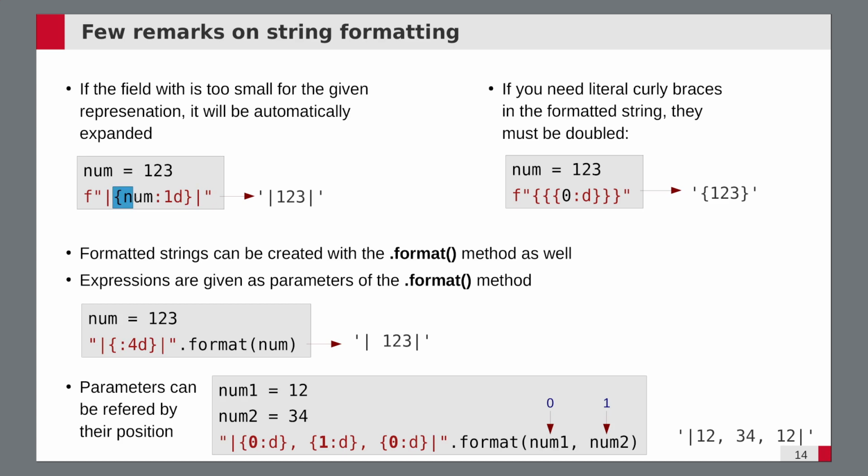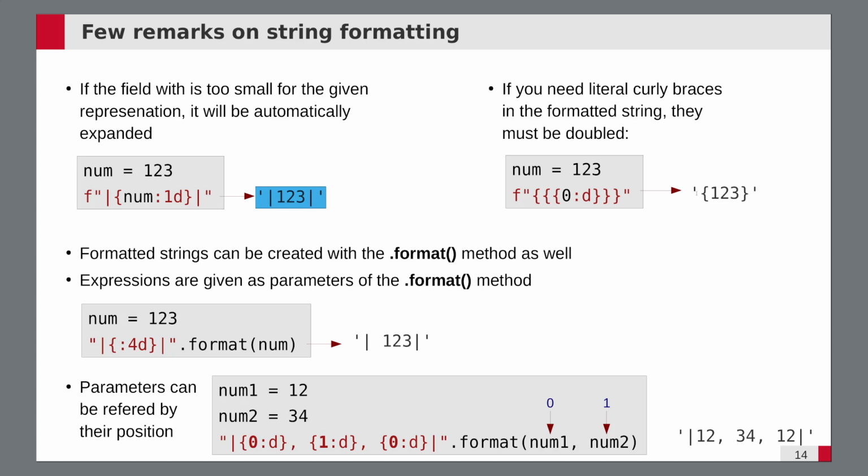Then we are evaluating the actual value of the variable num, which is 123, and we want to print it with a field width of 1. Of course it's not possible because this number has 3 digits, and you see that Python, without giving you any warning or any problems, would just adapt the field width to the minimal necessary one.